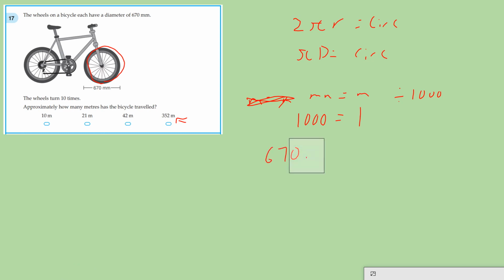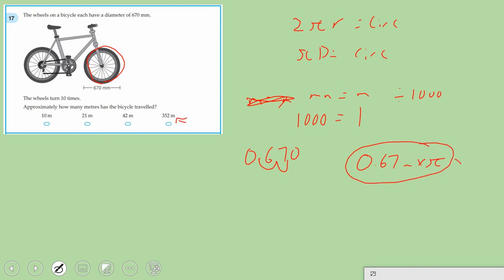Here would be our decimal point. 1, 2, 3. That's where our decimal point is. So it's 0.67 meters, and then that has to multiply by pi. So that's our circumference, and we're doing 10 lots of that circumference.